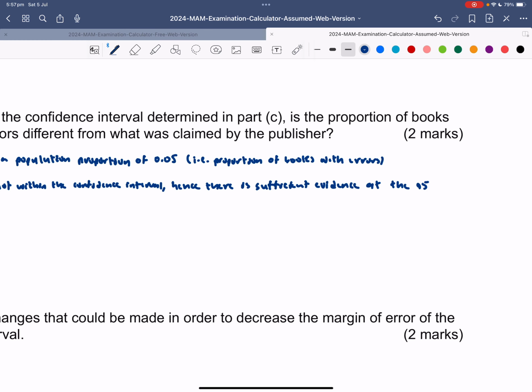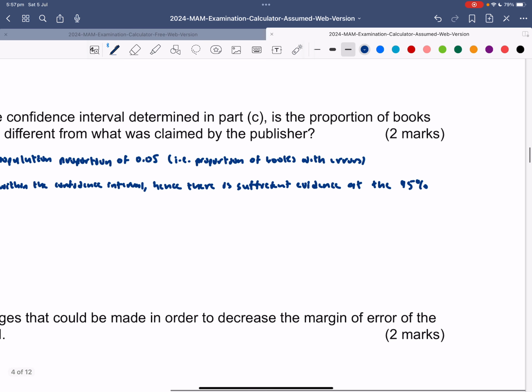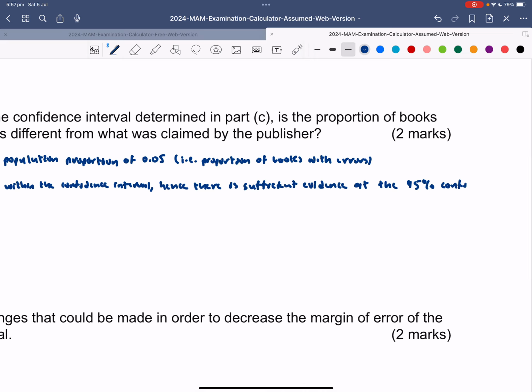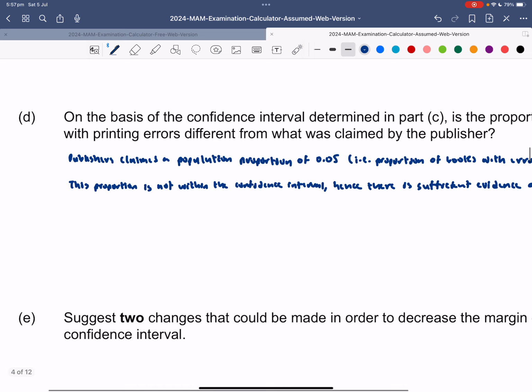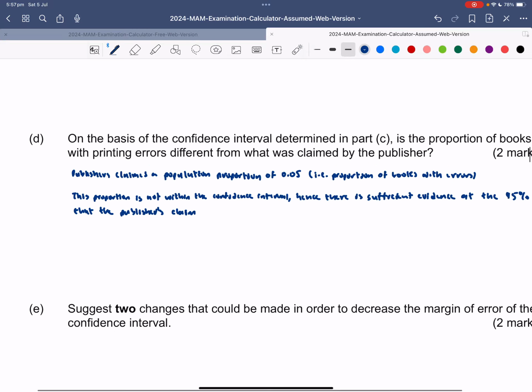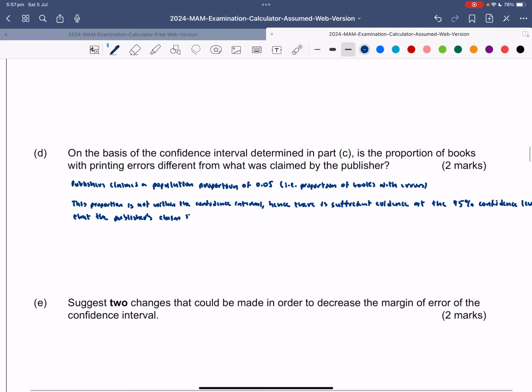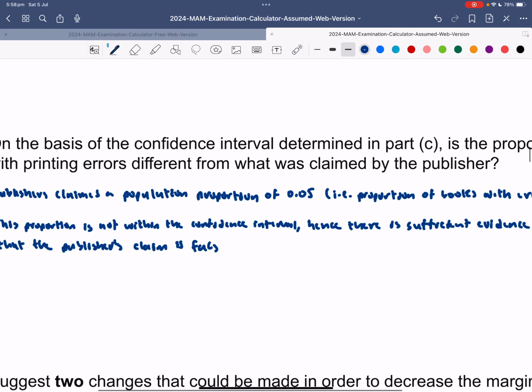It's important you mention which confidence level you have this evidence for. So there is sufficient evidence at the 95% confidence level that the publisher's claim is incorrect, or false. Okay, easy.